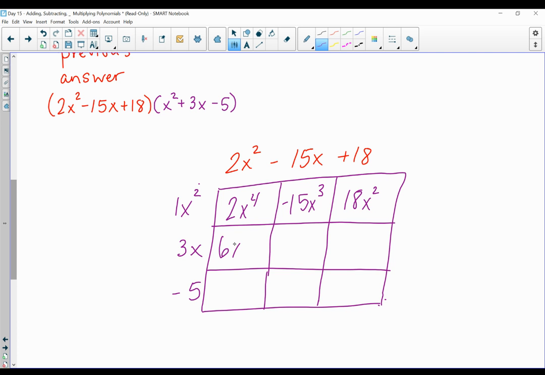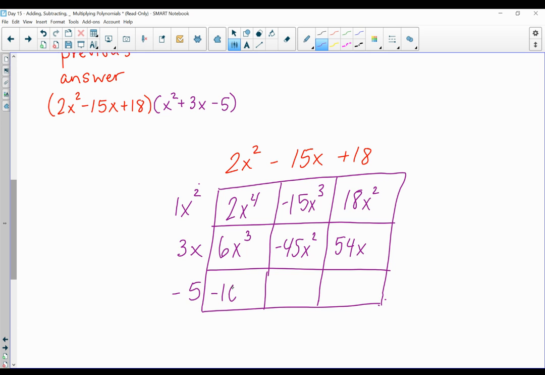And this would be 6x cubed minus 45x squared. And this would be 54. No, 54x.